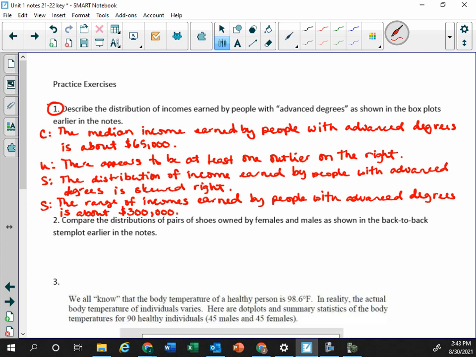You could even list how you found it if you wanted to, or you can just say what the range is. If you want, you can also include the IQR, maybe say with an IQR of about 60,000. And again, if your numbers are slightly different than that, that's okay. It's not the most exact round.